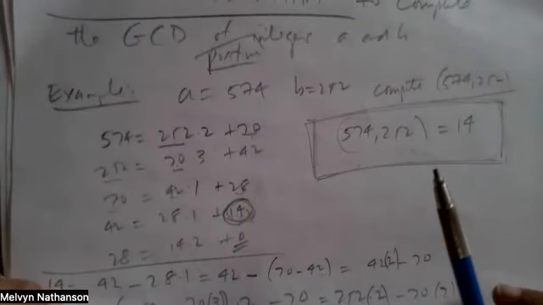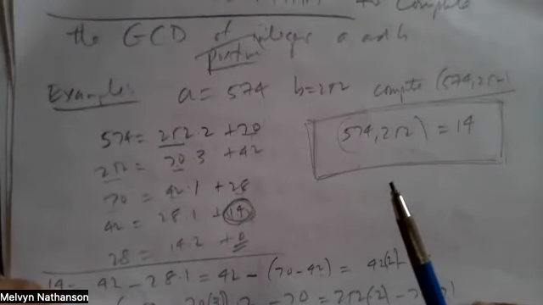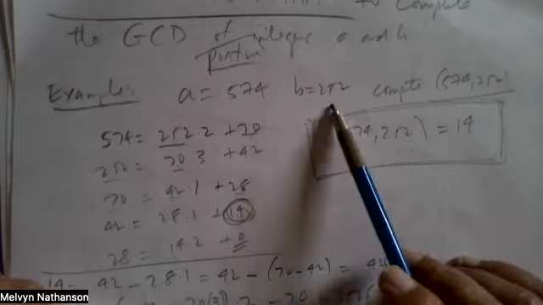I had the Euclidean algorithm for 574 and 252. So let me write that down again.